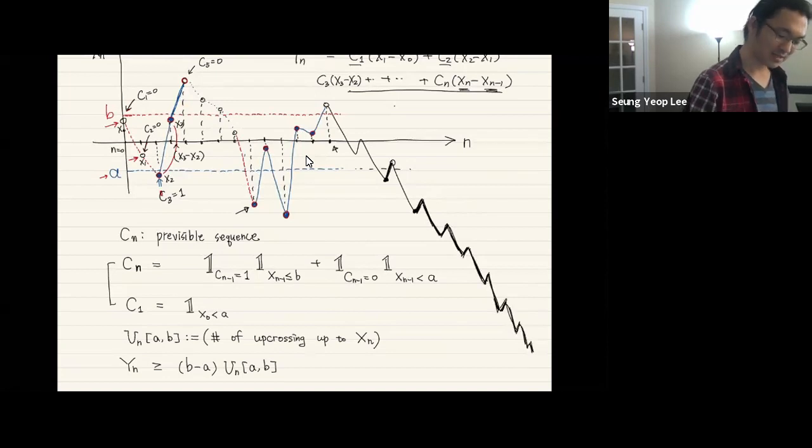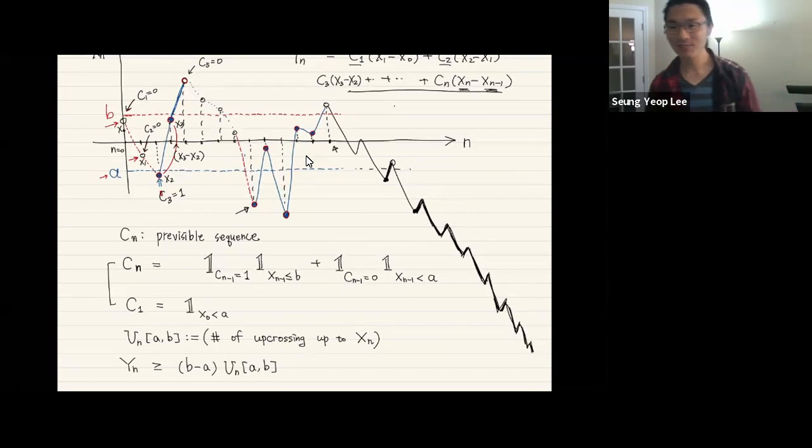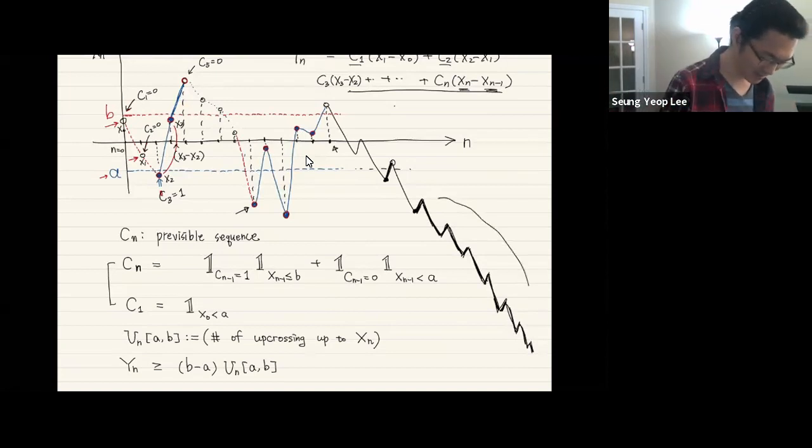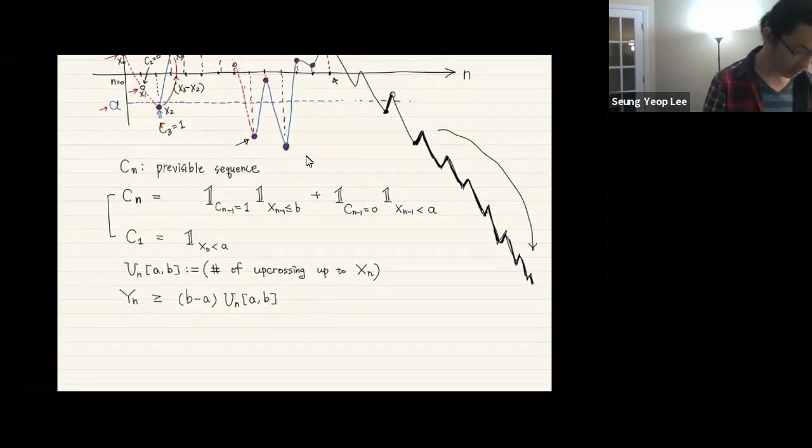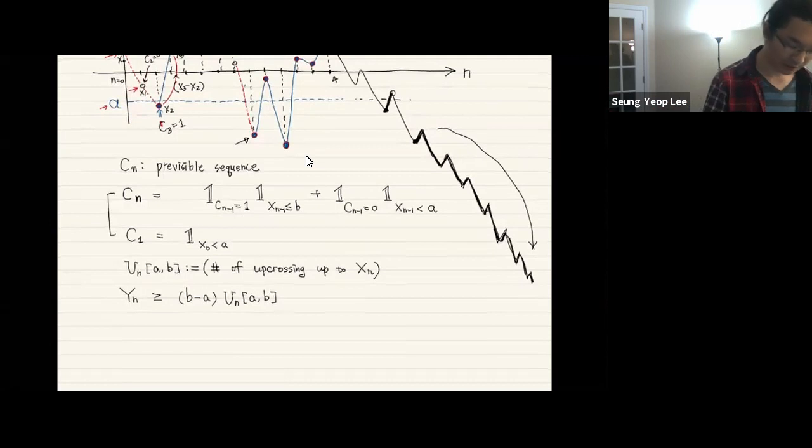So even though up crossing is just 2, we can have a very big loss. We have to consider such a possibility. So what is such a loss?